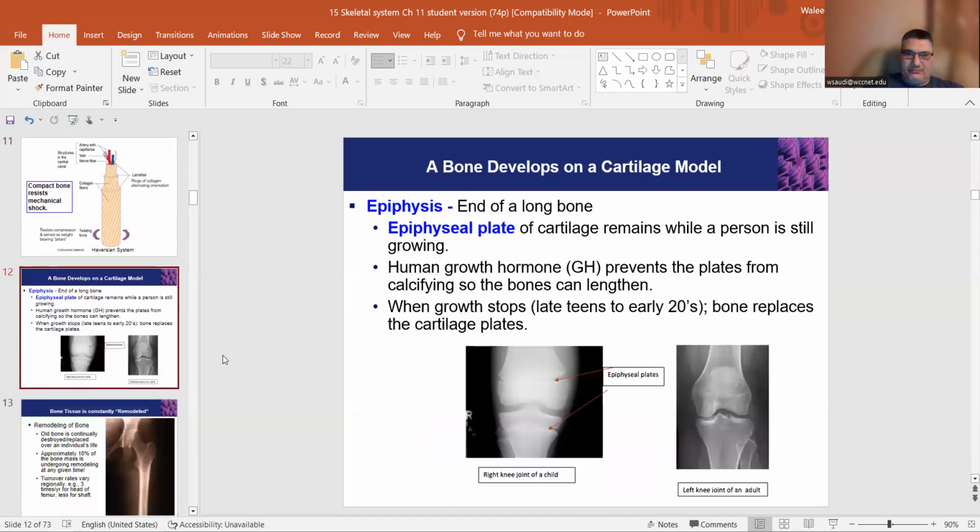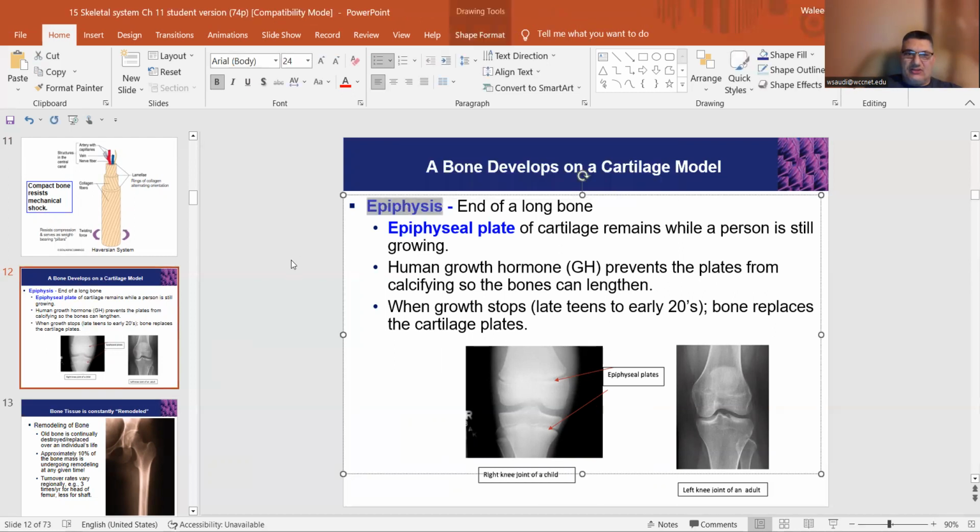Good enough to know. Now, if you look at one of these long bones, you will see a shaft and two ends. All these long bones look like this. There are different types of bone, I will talk about it. But for now, there's always a shaft in the middle and two ends. The ends are called epiphyses.